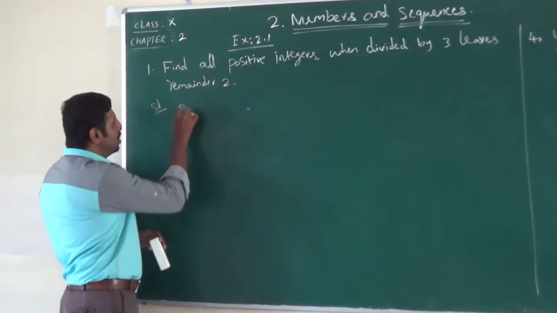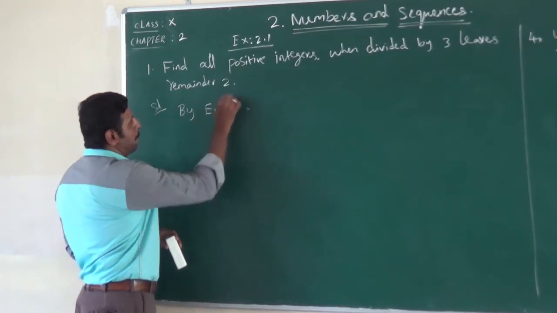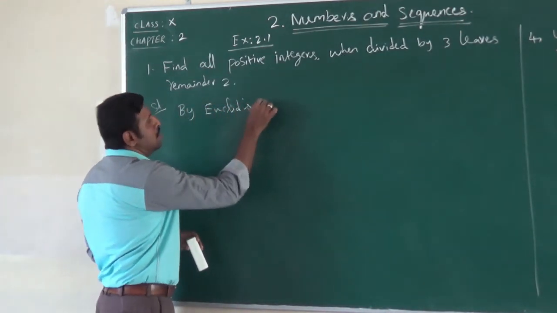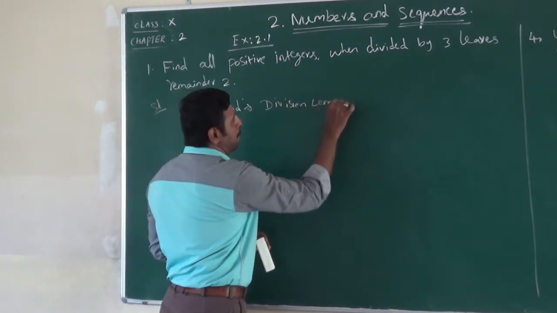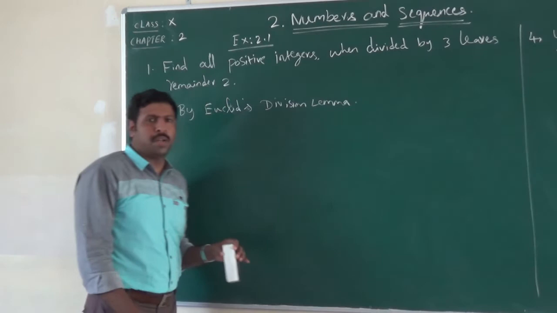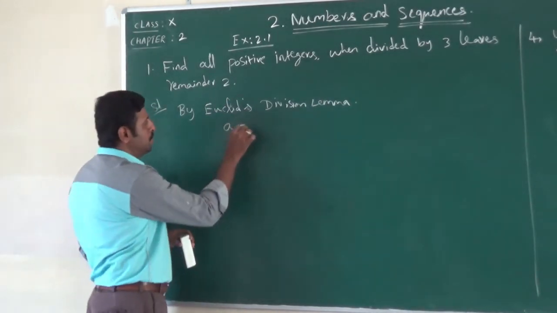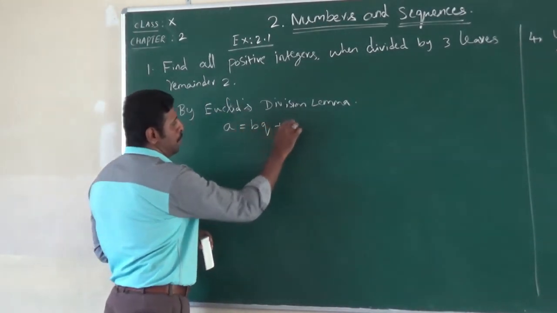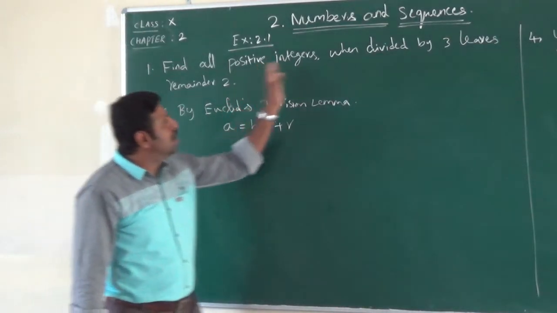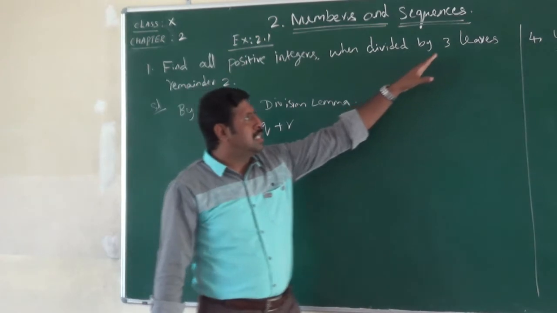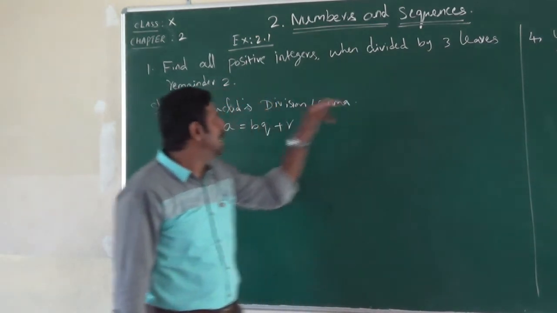By Euclid division lemma, you know the formula, right? That is A is equal to BQ plus R, the Euclid division lemma, right? Here, when divided by 3, the divisor is given and then the remainder is given.